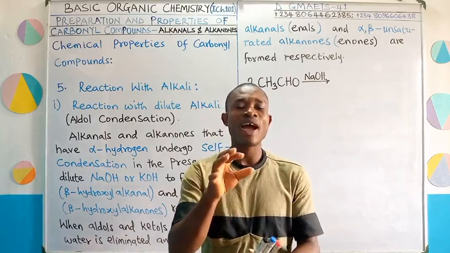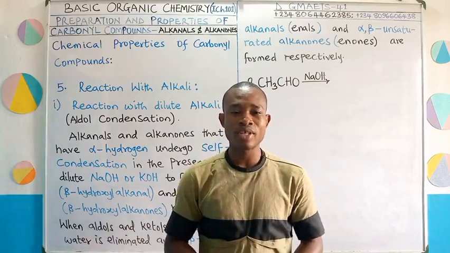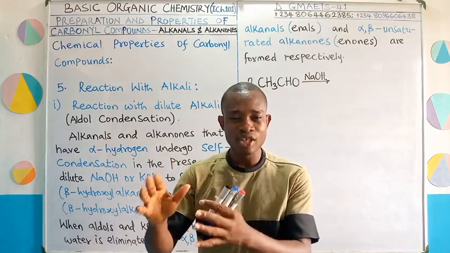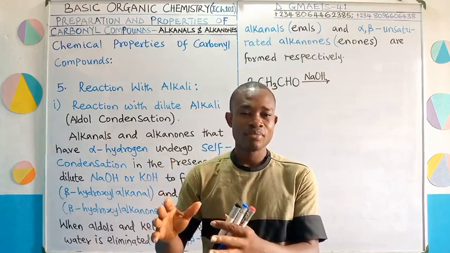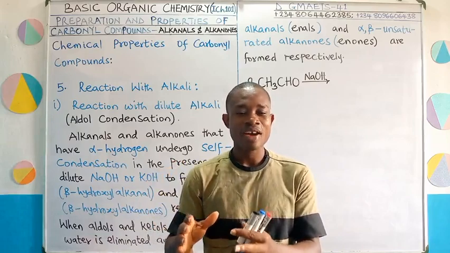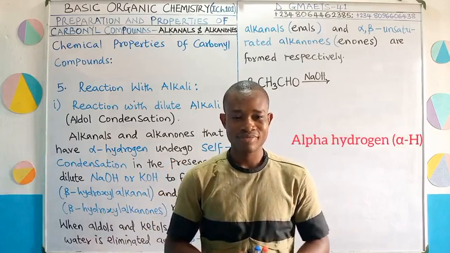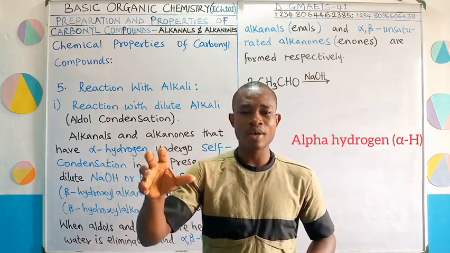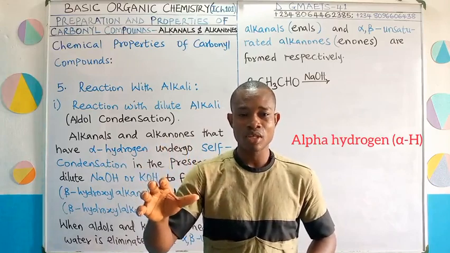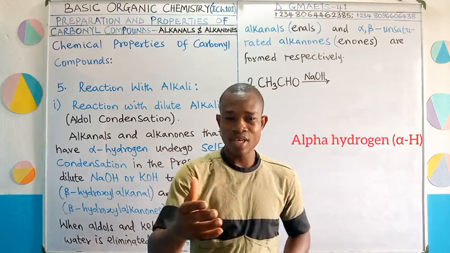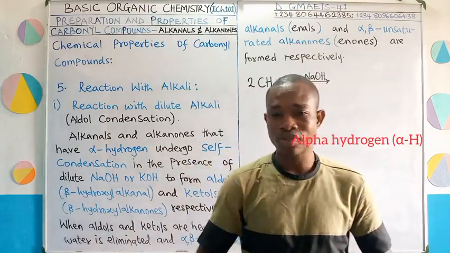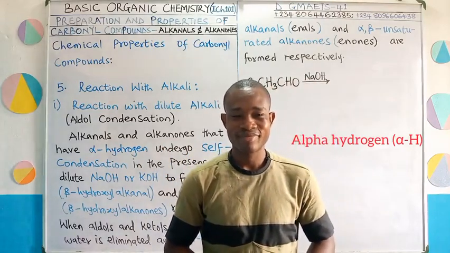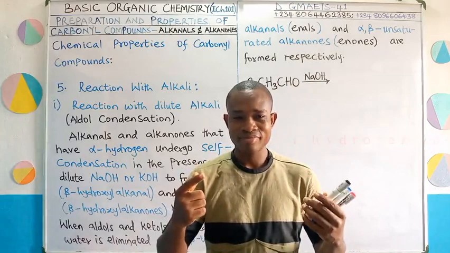One of them is the fact that the carbonyl compounds undergoing this reaction with dilute alkali must have an alpha hydrogen. Take note, a very important point, which means if the carbonyl compound does not possess alpha hydrogen, then it cannot undergo this reaction called Aldol condensation. I hope that is clear, right?